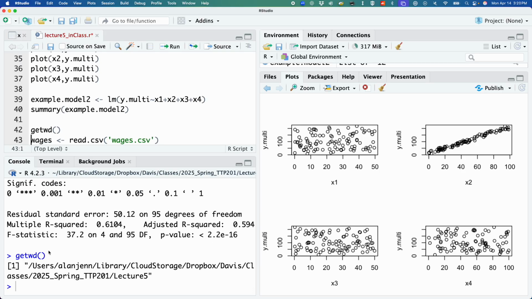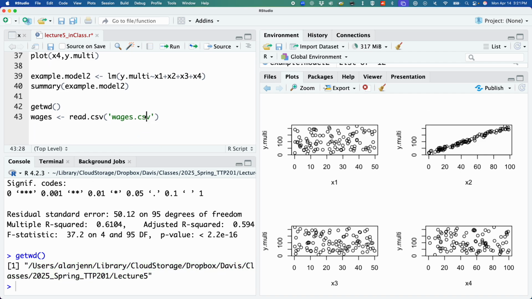If you want to read in a file, you need to make sure that file is in the working directory you're currently working in. If it's not, then you have to point to where that file is located on your computer. I'll help you individually with that if you need. Hopefully this is familiar to you.